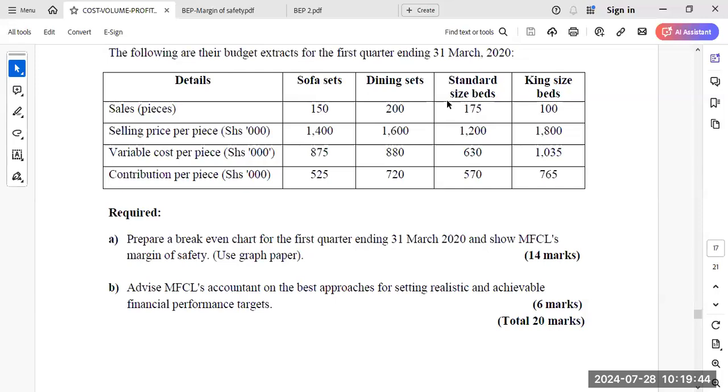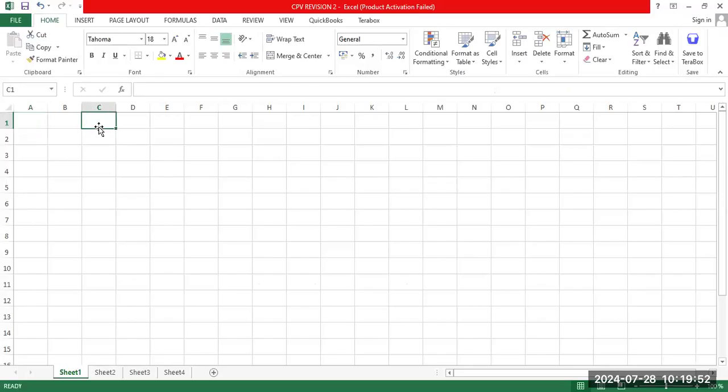And colleagues, as we prepare the break-even chart, we have some information that we normally need. This is question 5. And our focus is to prepare a break-even chart.